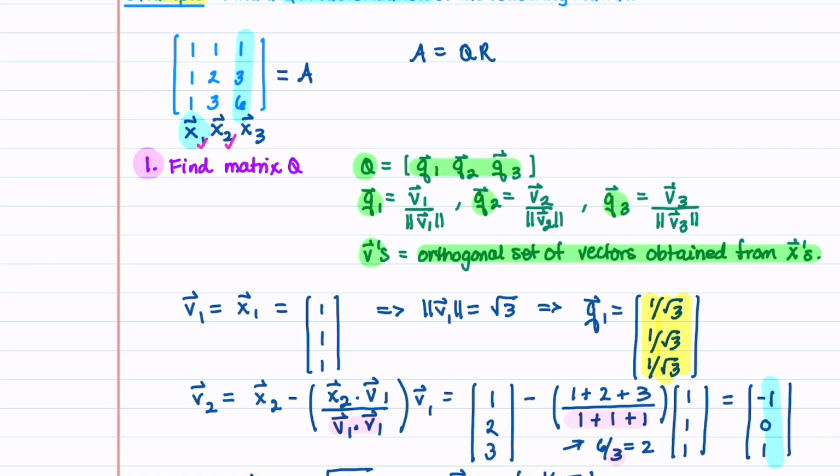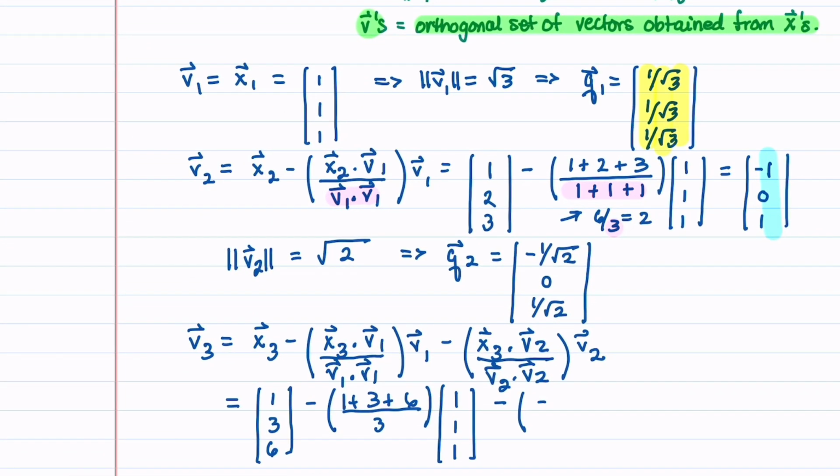So we're going to get a minus 1 plus 6. And then in the denominator, we have v2 dotted with v2. That one's over here. So that's just going to be 1 plus 1. And this gets multiplied by our vector v2, minus 1, 0, 1. Hang with me, we're almost there.